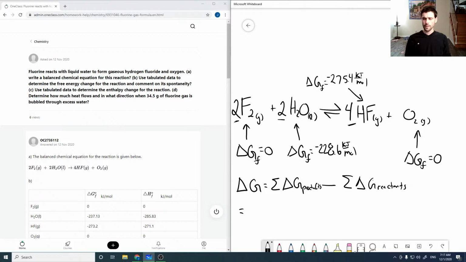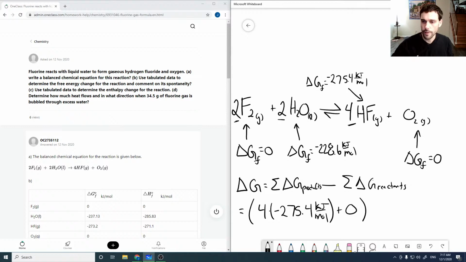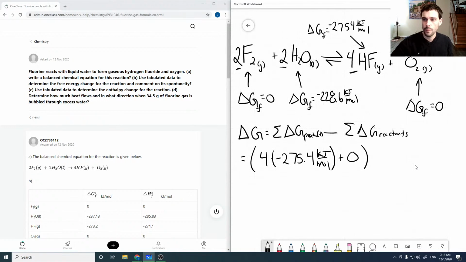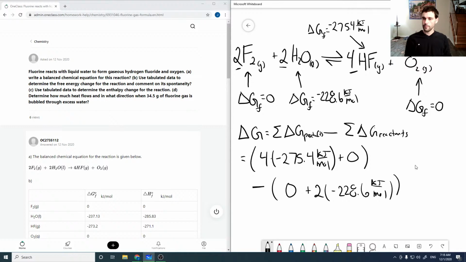So in this case, for our products, we have 4 times negative 275.4 kilojoules per mole, plus 0 for oxygen. And then on our reactant side, so we have minus, and on our reactant side we have 0 for fluorine, and 2 times minus 228.6 kilojoules per mole for water.